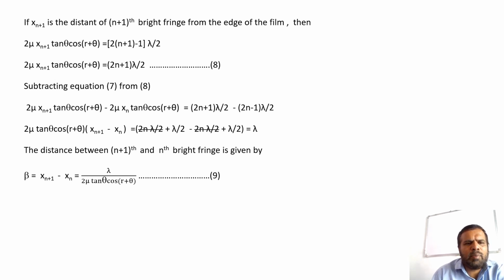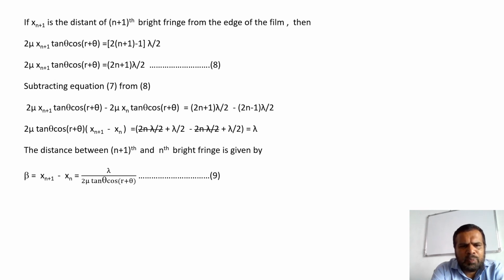Subtracting equation 7 from 8, 2 mu xn plus 1 tan theta cos of (r plus theta) minus 2 mu xn tan theta cos of (r plus theta) is equal to (2n plus 1) into lambda divided by 2 minus (2n minus 1) into lambda divided by 2. 2 mu tan theta cos of (r plus theta) is common, therefore take it outside: 2 mu tan theta cos of (r plus theta) into (xn plus 1 minus xn).